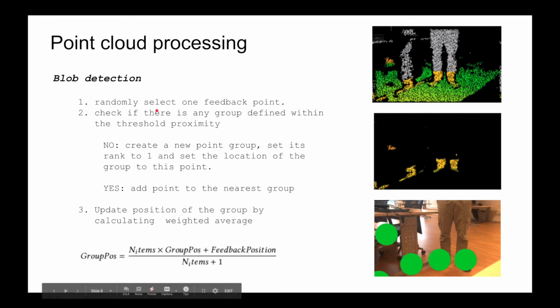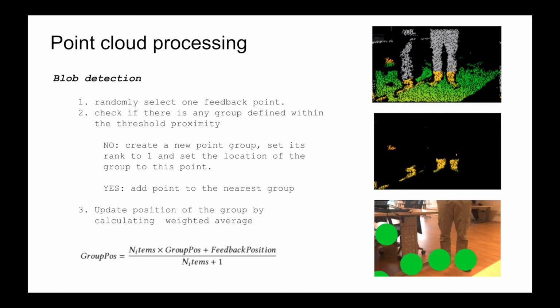First, we randomly select one feet point. Second, we check if there is any group defined within the threshold proximity to that point. If yes, we assign this point to this group or to the nearest group. If no, we create a new group.